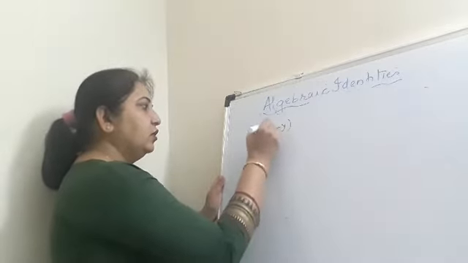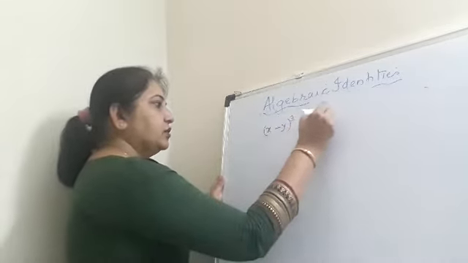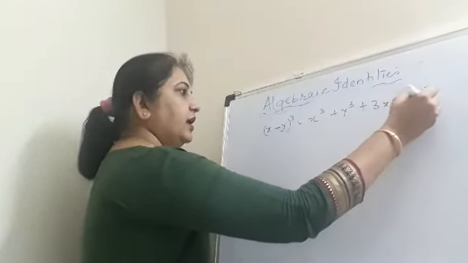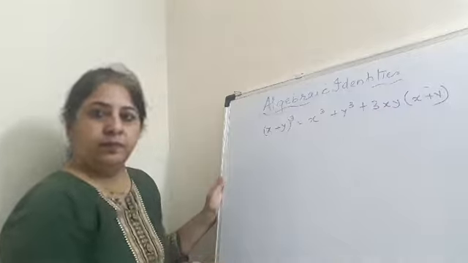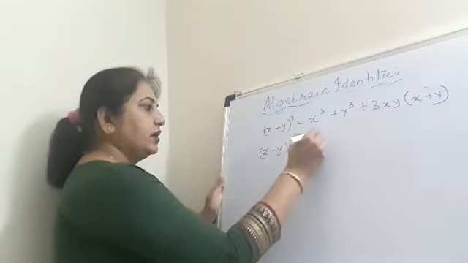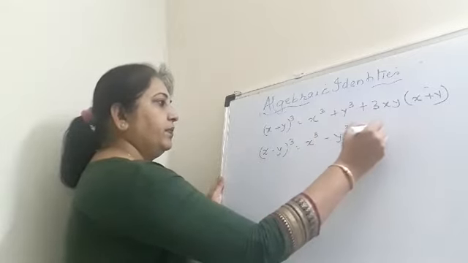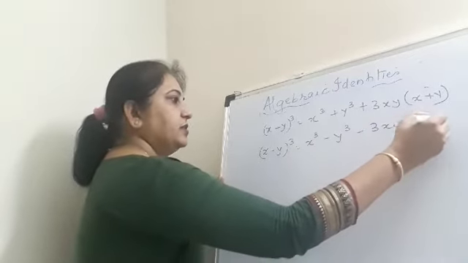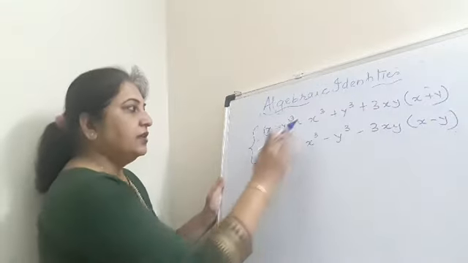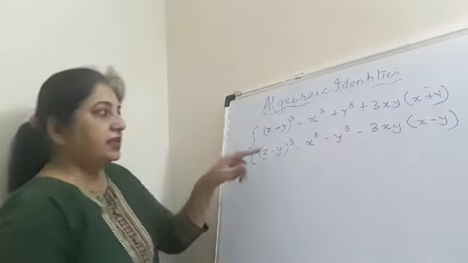x plus y the whole cube is equal to x cube plus y cube plus 3xy in the bracket x plus y. Right? x minus y the whole cube is equal to x cube minus y cube minus 3xy and x minus y. So when you compare these two identities, you see that the terms are the same and here the signs are different.